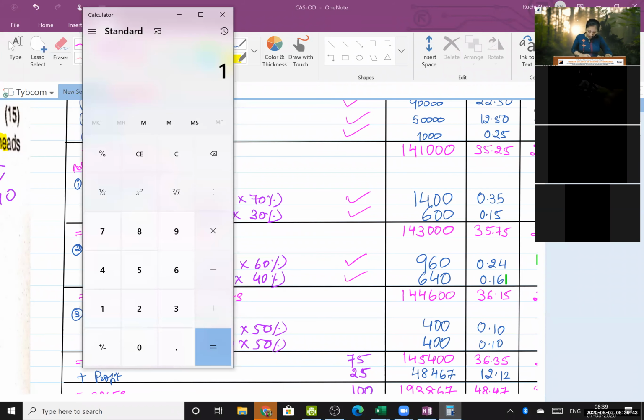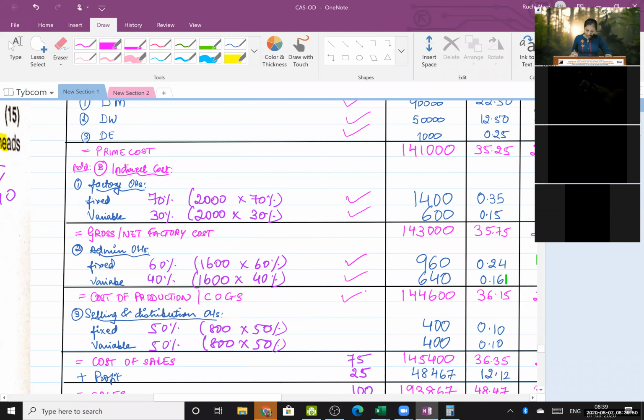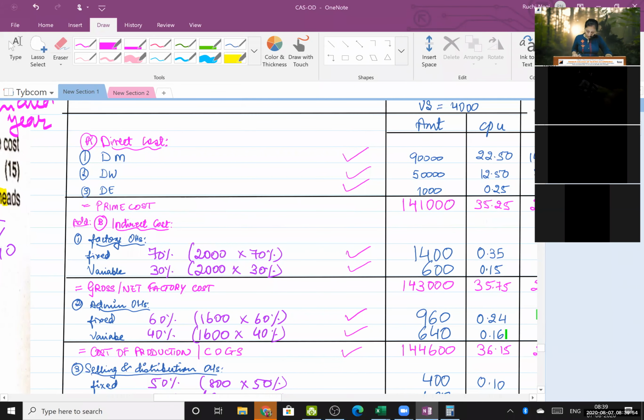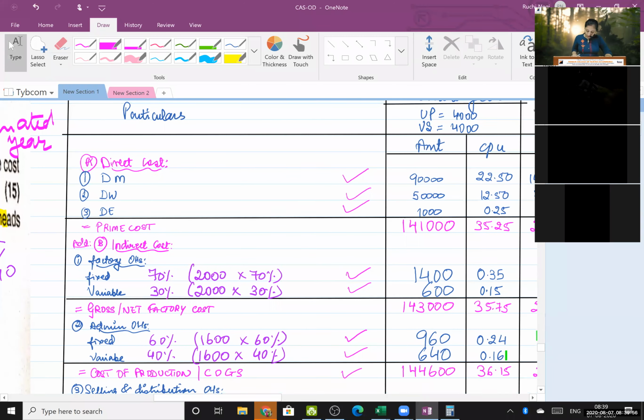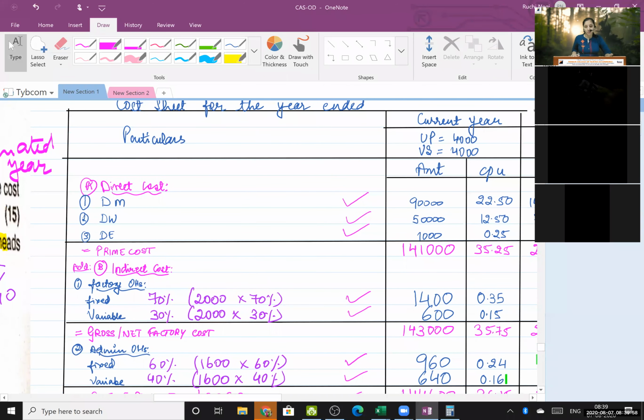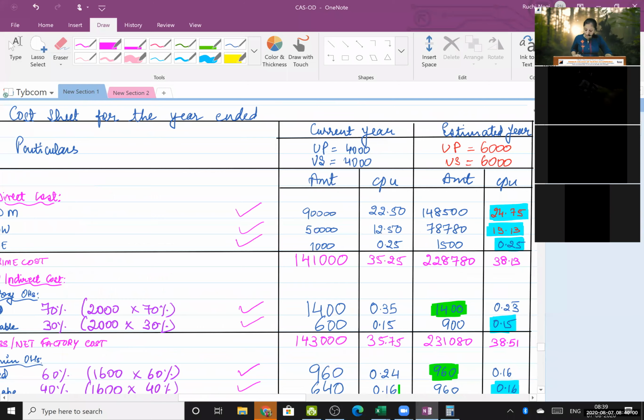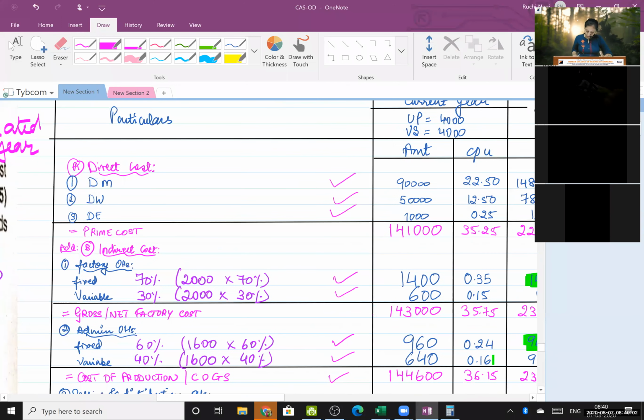Total: 1,43,000 plus 1,600 admin overheads, so 1,44,600. This is the current year cost sheet for 4,000 units. And you have to make the estimated one for 6,000 units. Okay, don't forget.